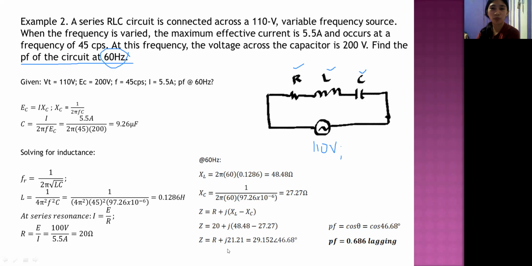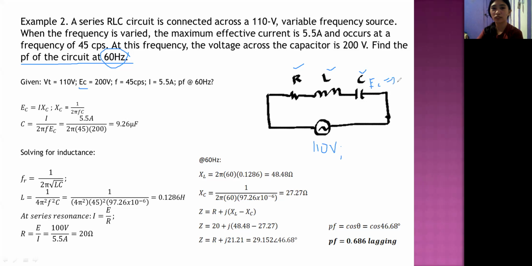So in solving the circuit, we have the given V total equal to 110 volts. Then the voltage at the capacitor, EC, is 200 volts.